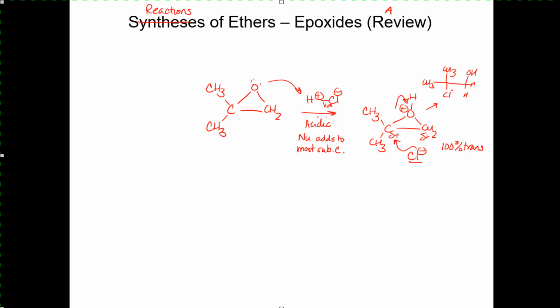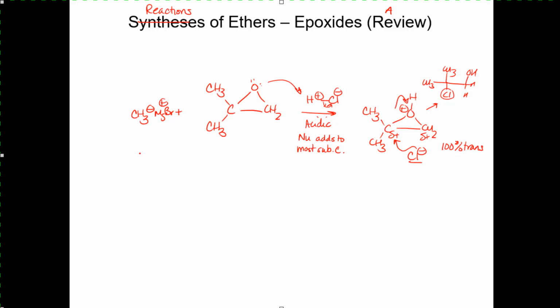So the nucleophile under acidic conditions always adds to the most substituted carbon. What if I took this Grignard, or what if I took this and reacted it with a Grignard? What if I reacted it with something like CH3 minus MgBr plus?